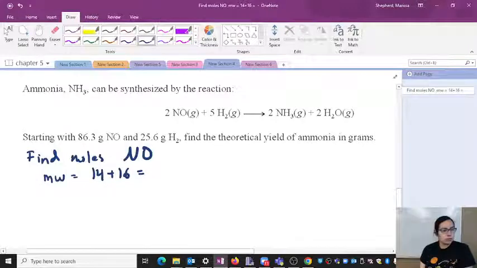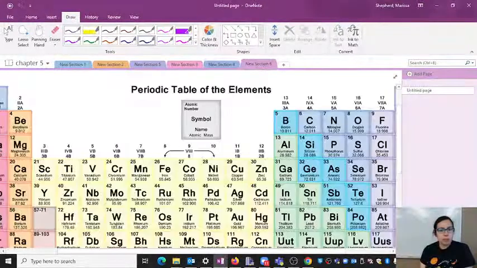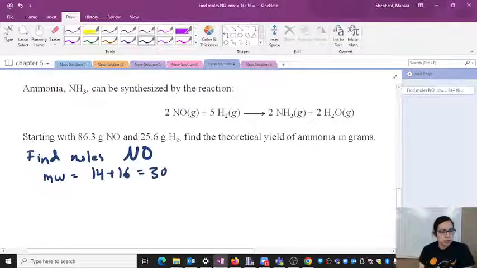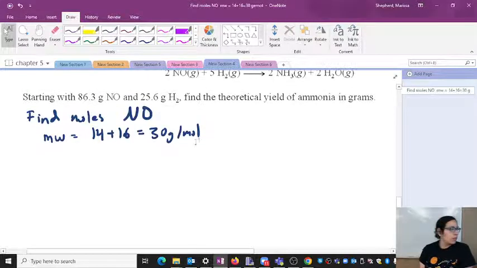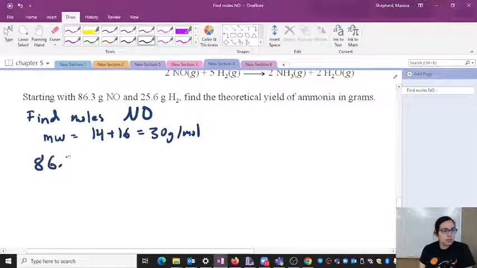Oh, sorry, 30. I just pulled those numbers from the periodic table and did some rounding. So 30 grams per mole. And we can go ahead and set up our dimensional analysis.